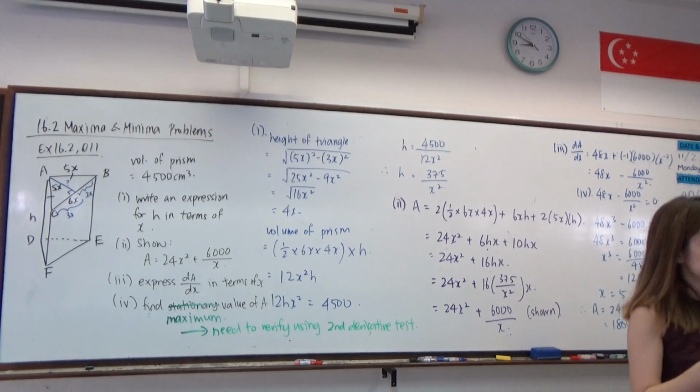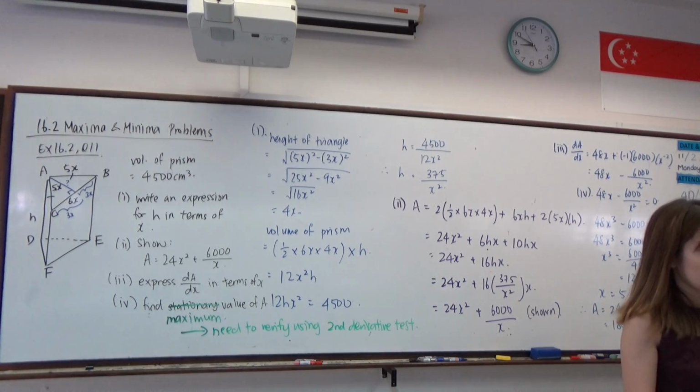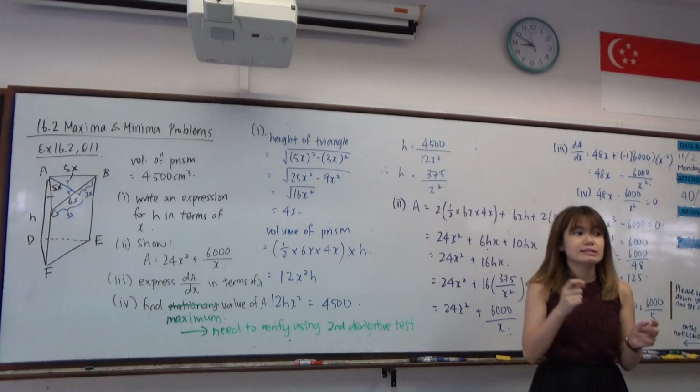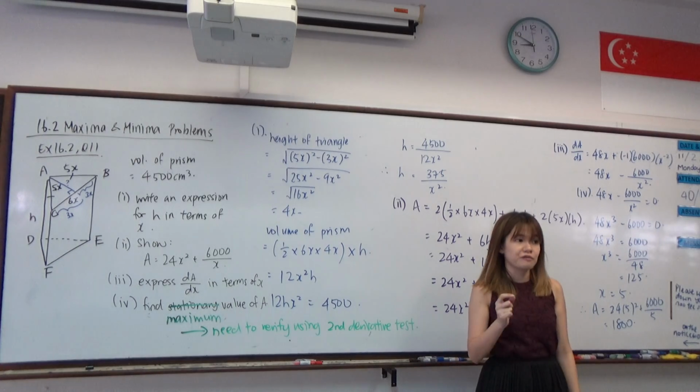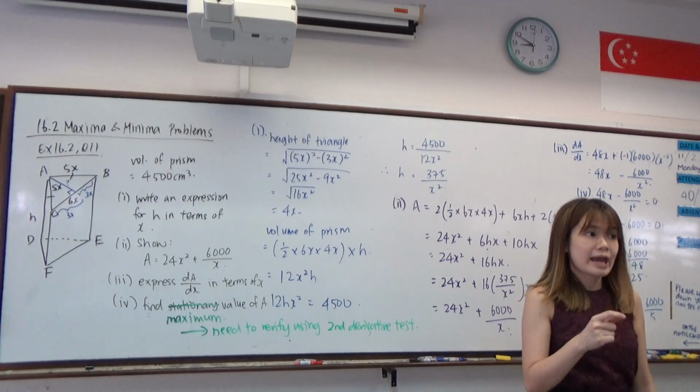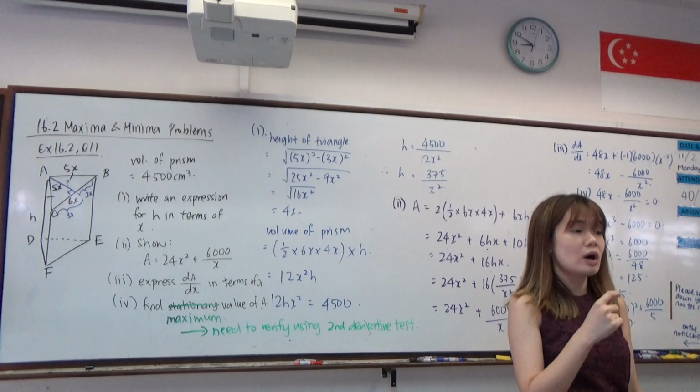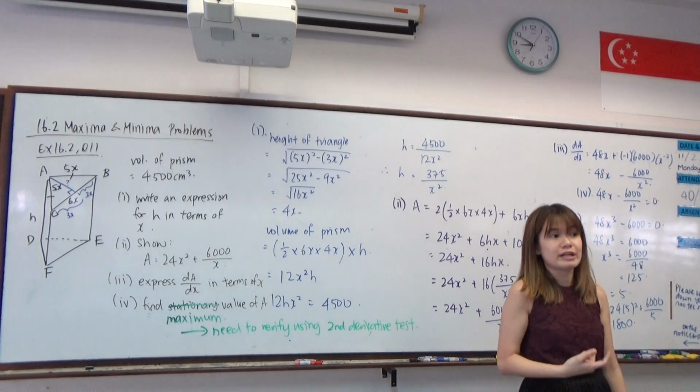Can second and first derivative tests be used interchangeably? Okay, so we have already addressed that the second derivative test is only for you to find the maximum and minimum, whereas the first derivative test will allow you to find the point of inflection as well.